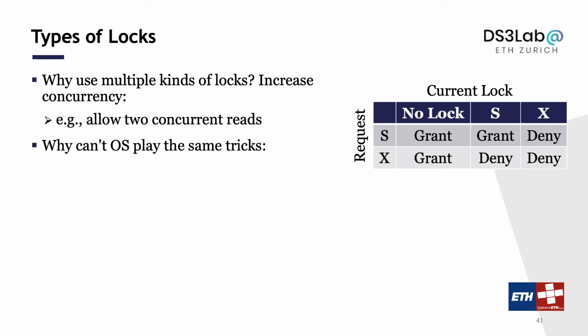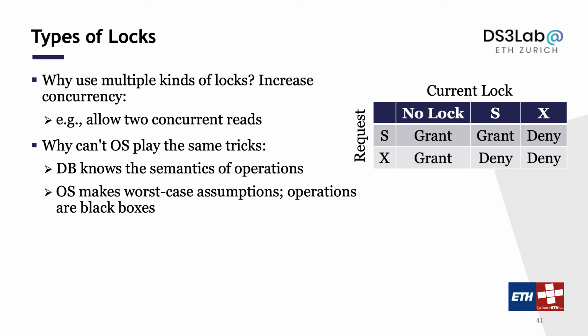Why can't the operating system do something similar? Here again, the database knows the semantics of operations. Whenever I'm acquiring a lock, I know what I'm going to do in the future. I know I'm only going to read it, or I'm only going to write it. So I have more information to allow the system to do more optimizations.